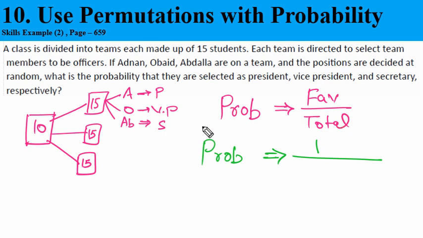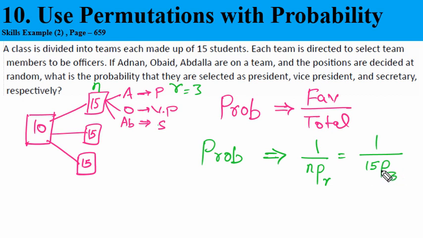Now the total outcome will be how many? So n is how much? 15. r is how much? 1, 2, 3. So r is 3. So you will use permutation nPr. So 1 divided by 15P3.